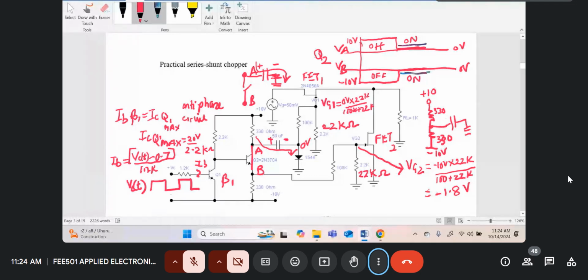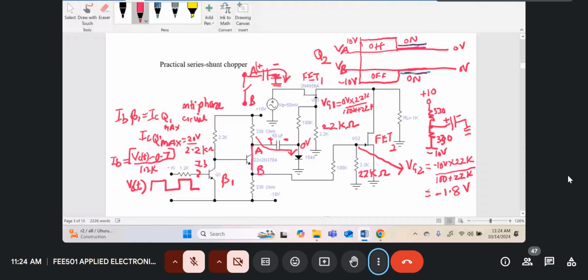Originally this side was plus 10. So plus 10 is connected, so it's like a minus voltage, a minus voltage, because now the diode will be reverse biased, so the diode will not come into play.